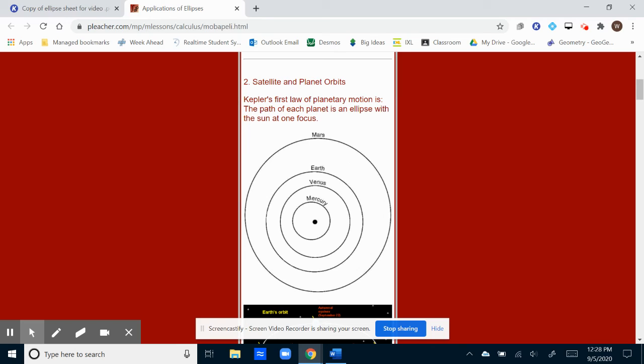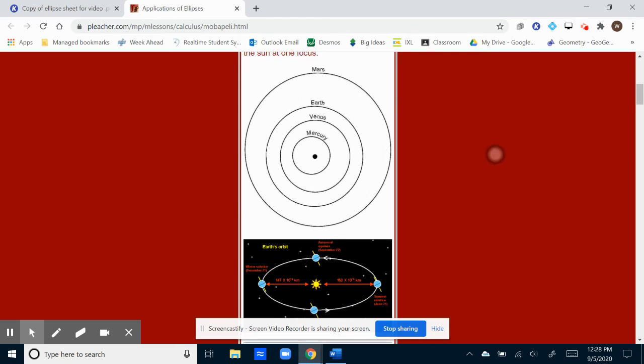So the planets orbit the sun in an elliptical motion. Basically, the sun is one of the two foci. That's pretty cool if you guys are into astronomy. The planets orbit the sun in an elliptical motion.